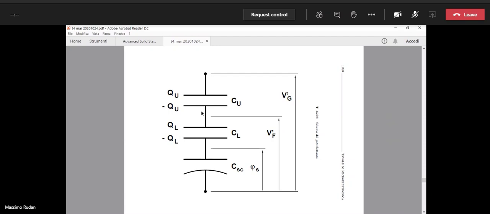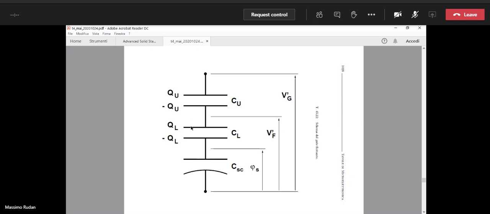These two capacitors, Cu and Cl, they are linear. So we may call Qu the charge per unit area that is present in the upper plate of Cu, minus Qu is the charge per unit area in the lower plate of Cu.